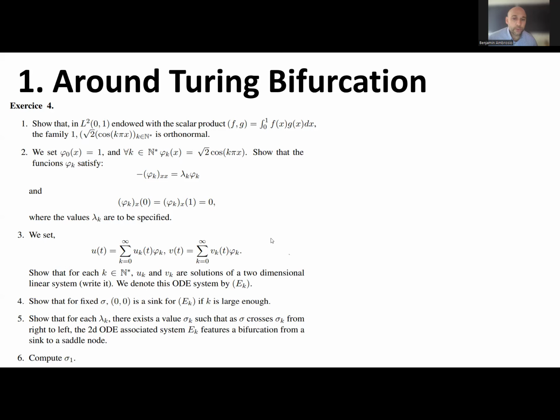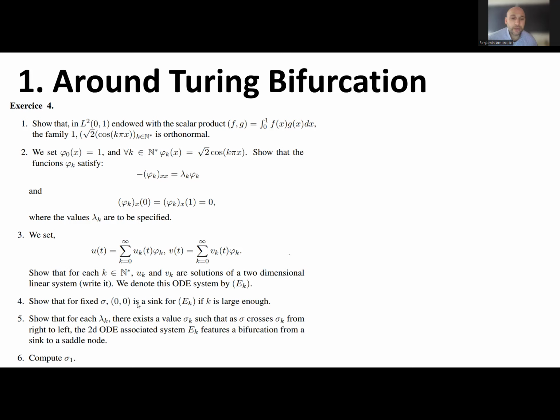So once we have the system Ek, the meaning of question 4 would be that for k large enough, Ek will not count so much.